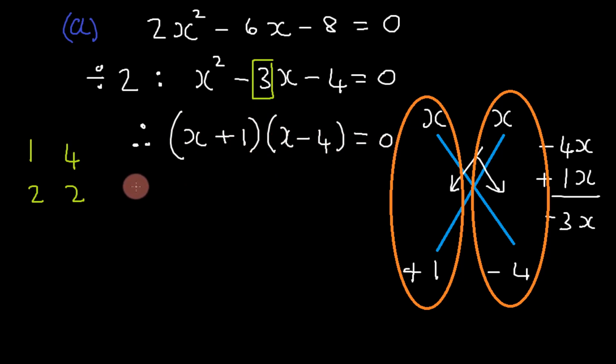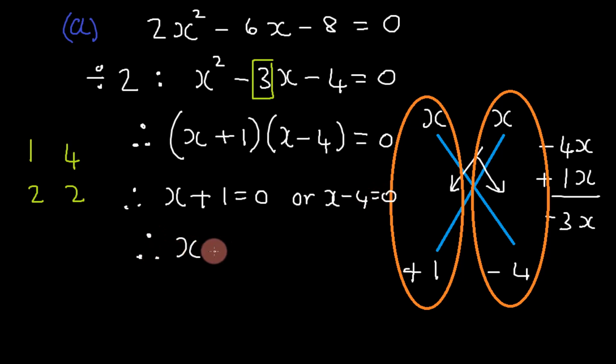Now we can use the zero product rule. And we simply solve for x. So x is negative 1, or x is 4.